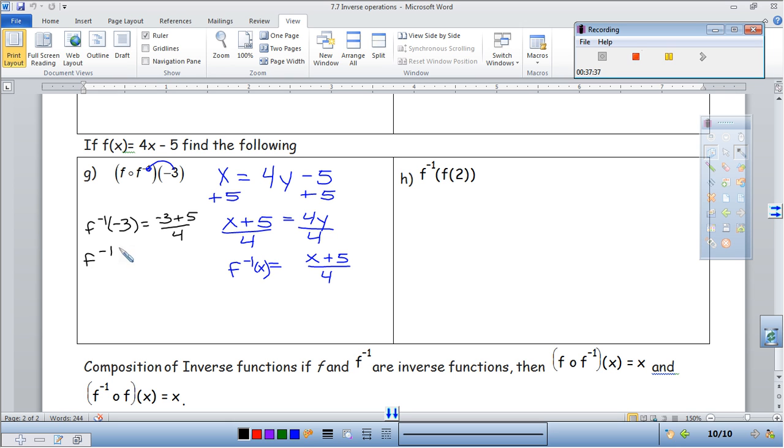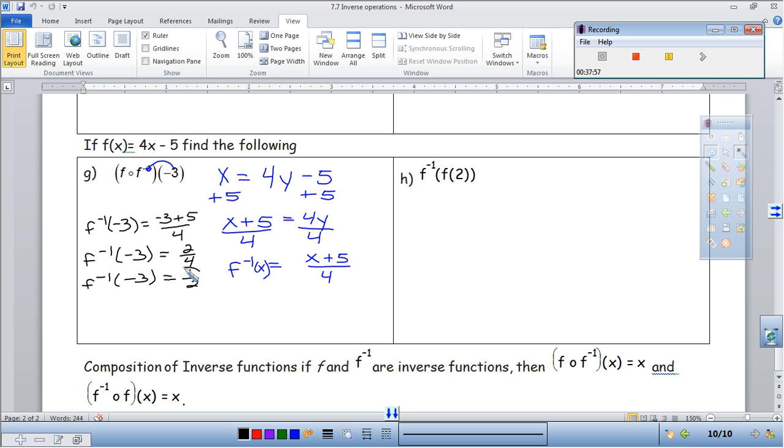So the inverse of negative 3 equals 2 over 4. So the inverse of negative 3 equals 1/2. Any questions on that?